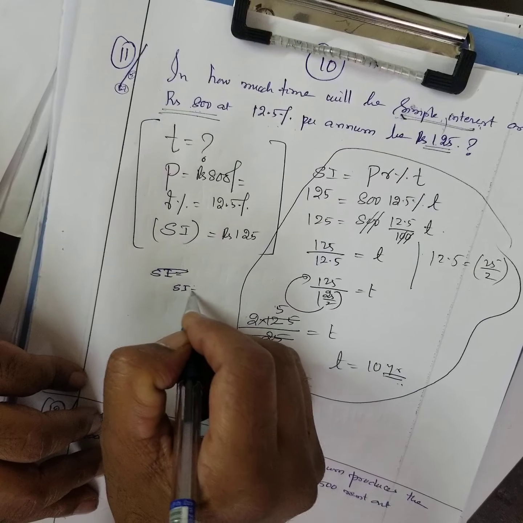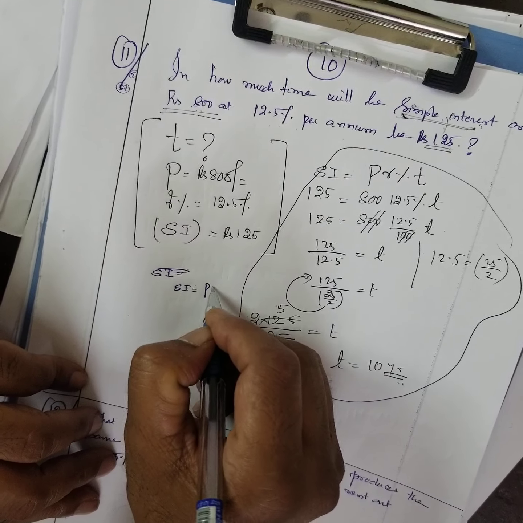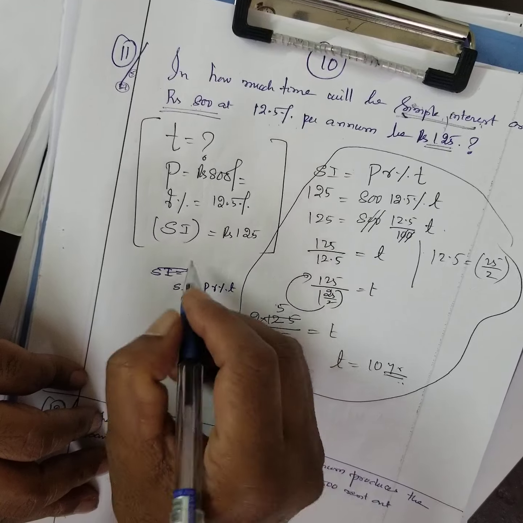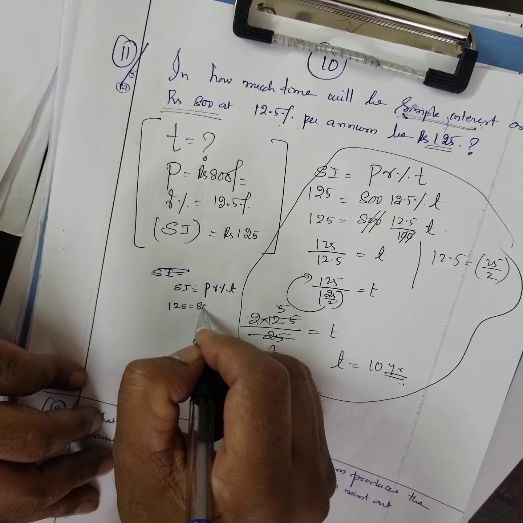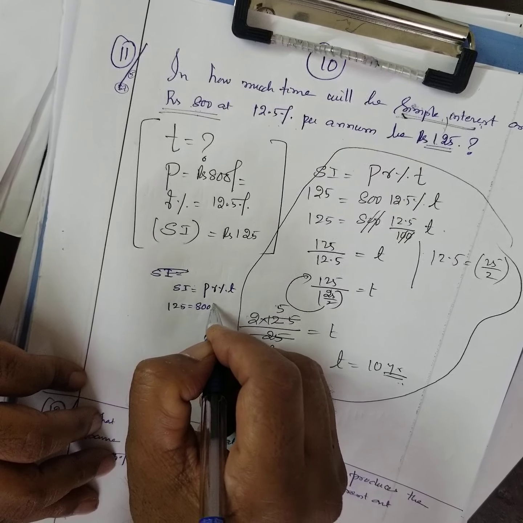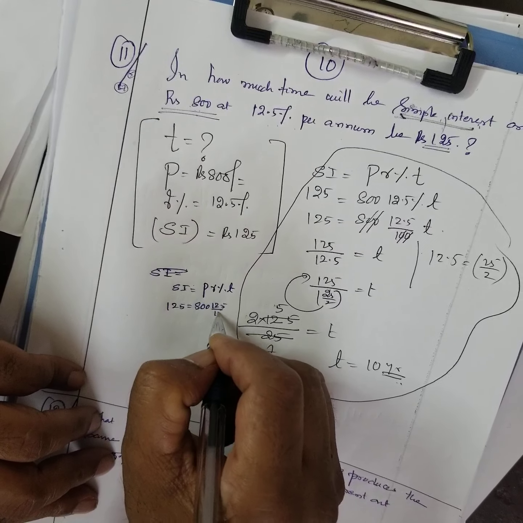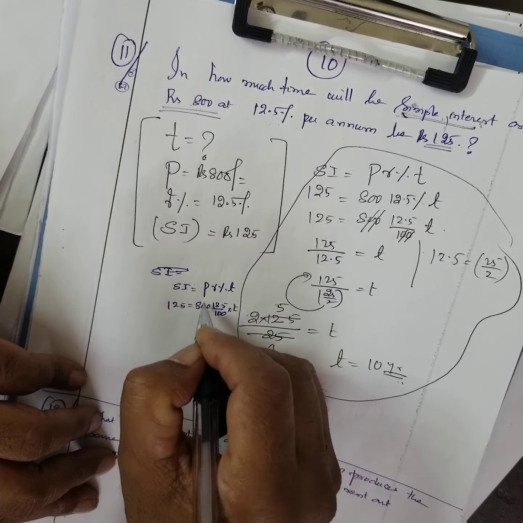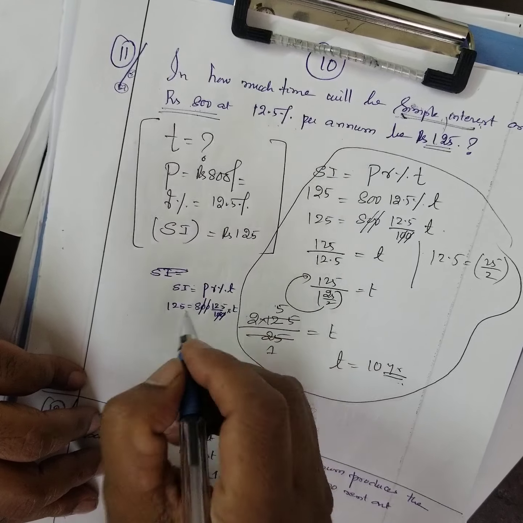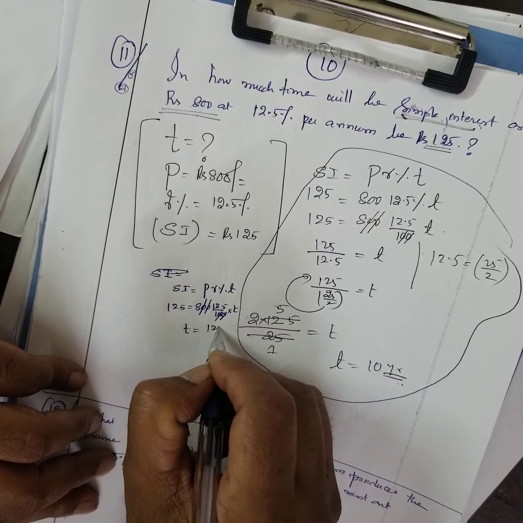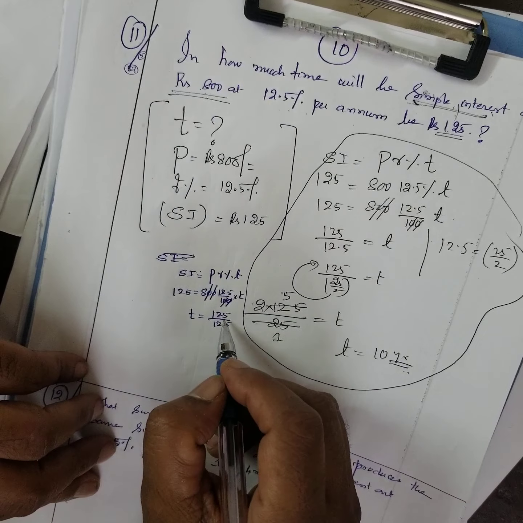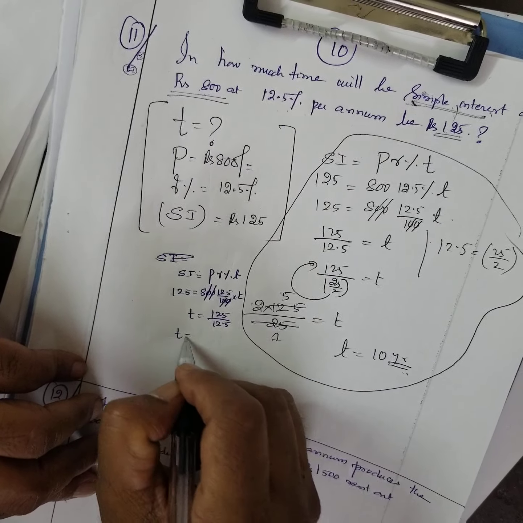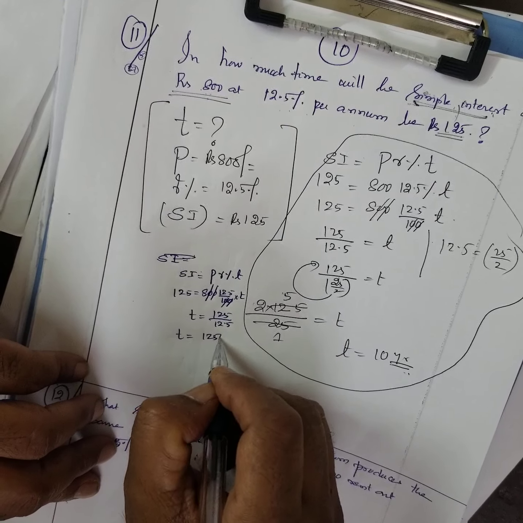Simple interest is given by the formula P R percent into T. 125, P is 800, R percent is 12.5 by 100 into T. This gets cancelled. Therefore T is equal to 125 by 12.5.